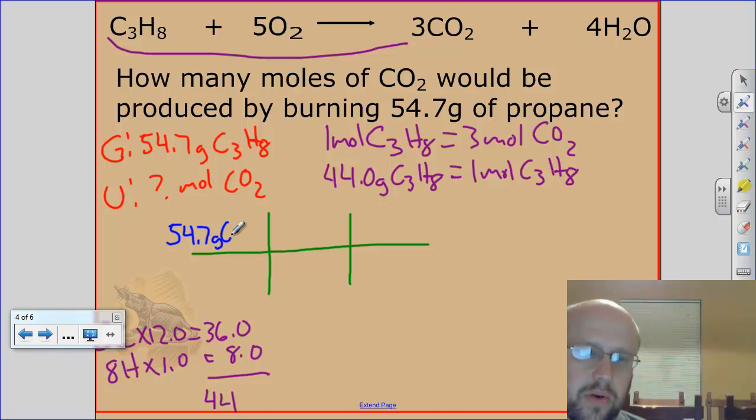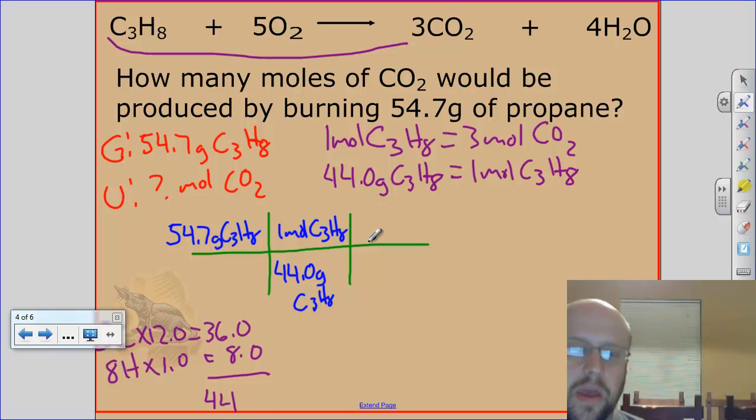54.7 grams of propane. Now it's going to be different in this problem. In every other problem we worked, our first thing here was moles. Not so in this case, because if I start with grams, I've got to get rid of grams first. So 44.0 grams of propane is 1 mole of propane. And then once that's done, now I need my mole ratio.